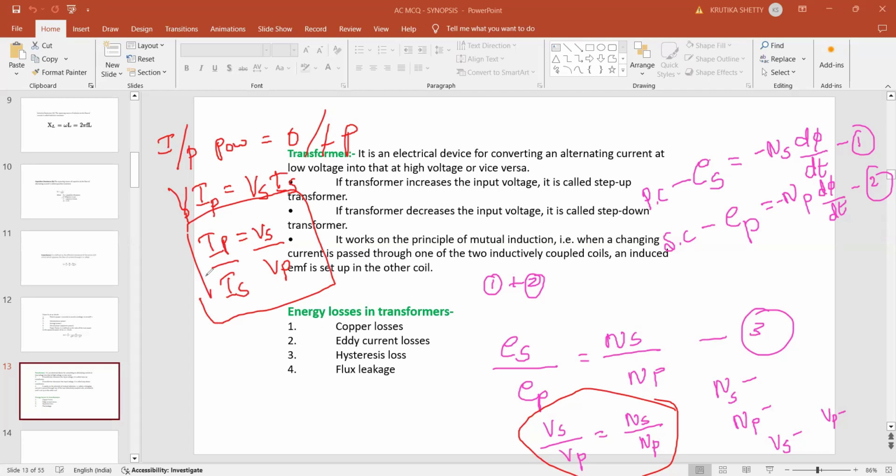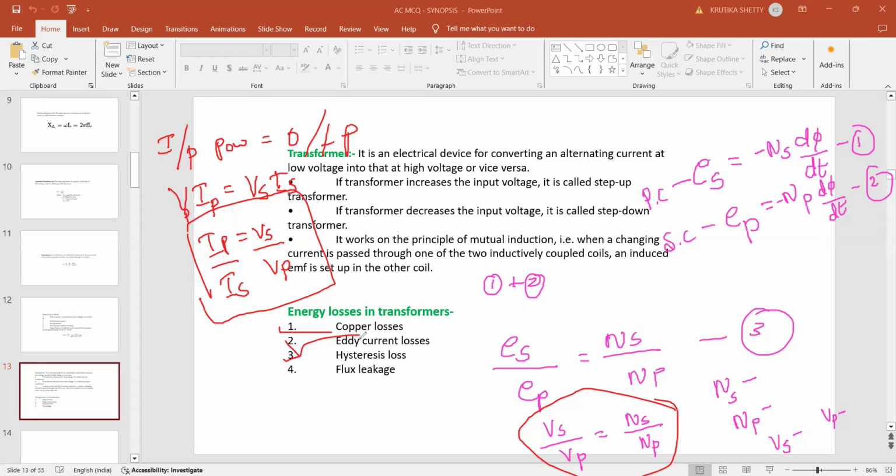So the last point, that is the energy losses in the transformer. Energy loss happens in the transformer, due to what, students? Actually this part is deleted, so just know the highlights. It is due to the copper losses. Okay, it is due to the eddy current losses. Actually eddy current is also deleted for you. It is due to the hysteresis loss.